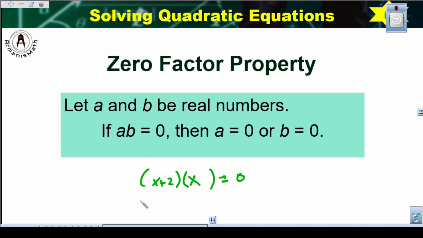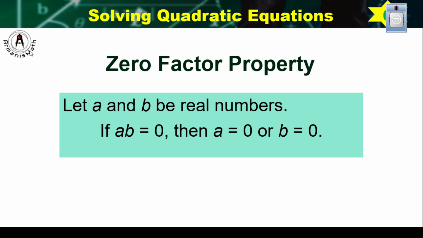If that's what you're saying, then x plus 2 equals 0, or x by itself equals 0. And obviously here you subtract 2, so x equals negative 2. So either one of them is 0, and that's what the zero factor property is. This one could be 0, or this one could be 0. If you multiply, then either one could be 0.